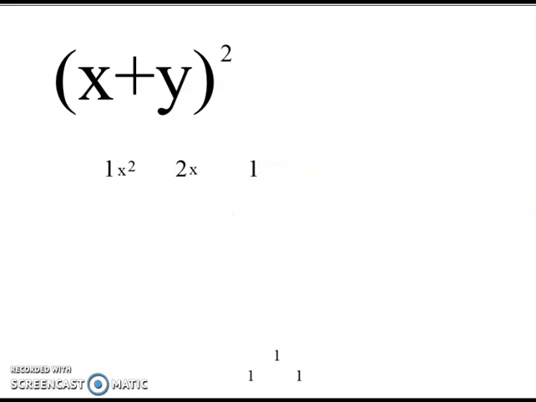So then I go from the back, it will be y squared. Then the next number will be y to the power of 1, then y to the power of 0, which is 1, so I don't write that one.